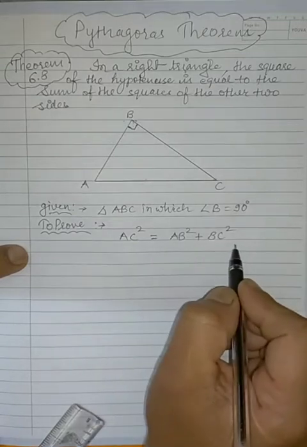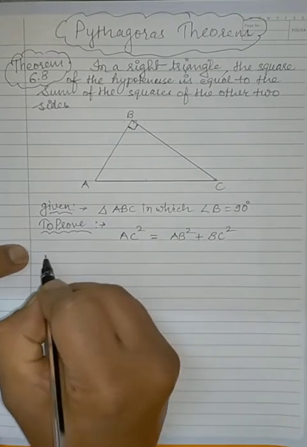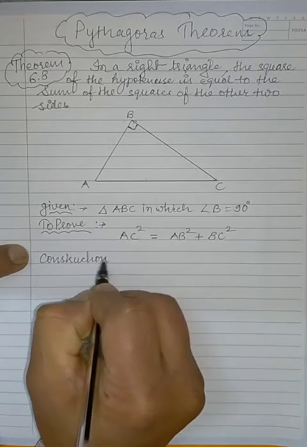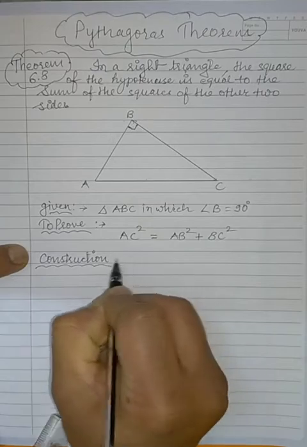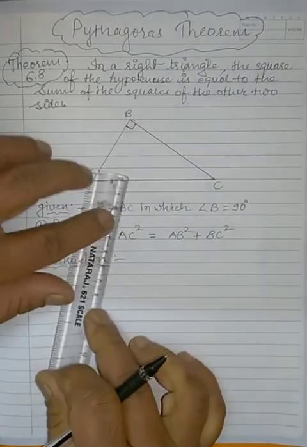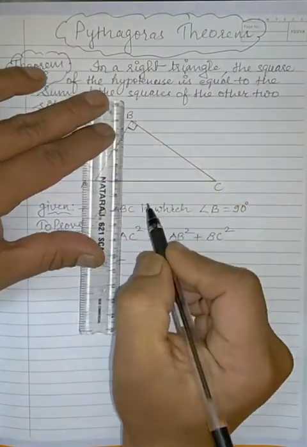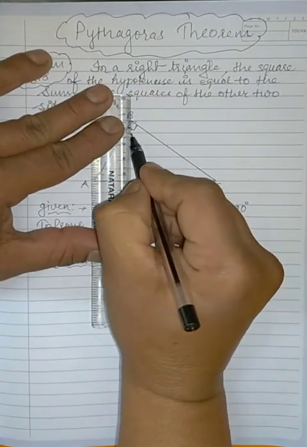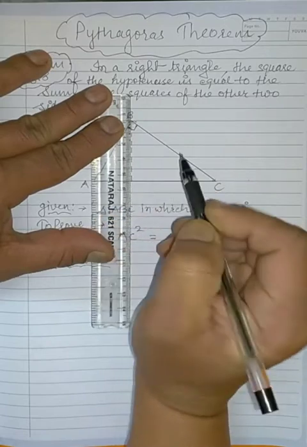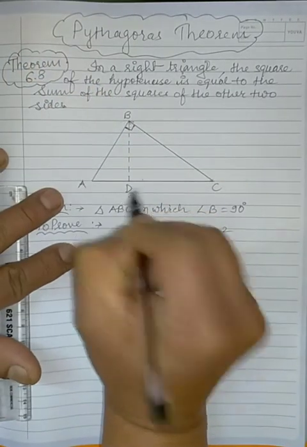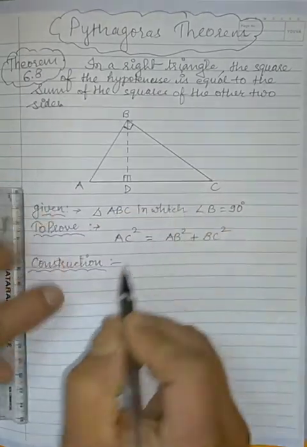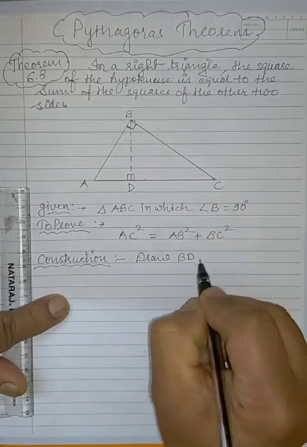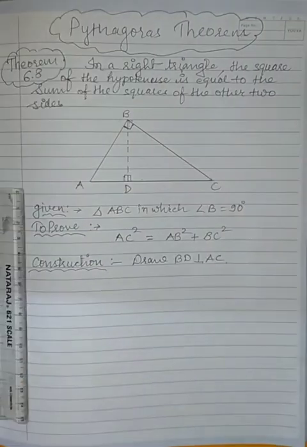Now to prove this theorem, we will do a construction in this. The construction is, from the vertex of the right angle, we will draw a perpendicular to the hypotenuse. Let it be D. So draw BD perpendicular to AC.